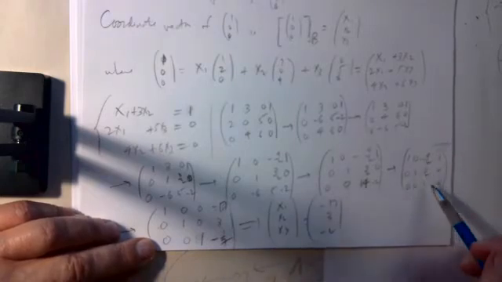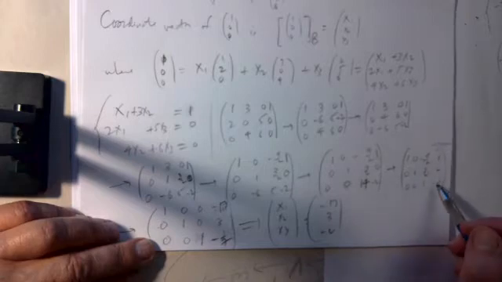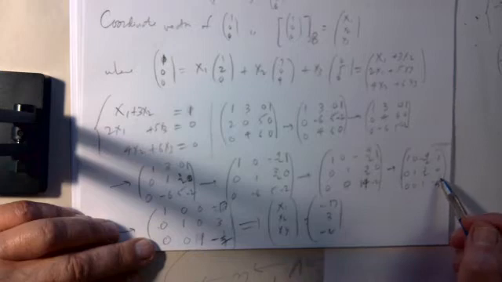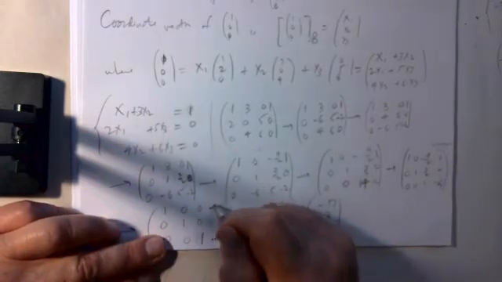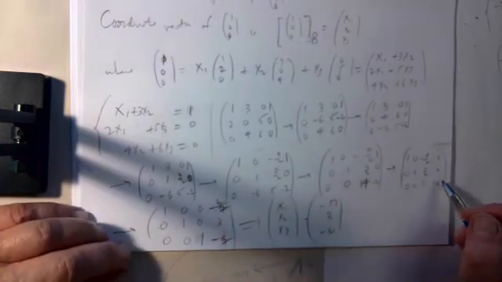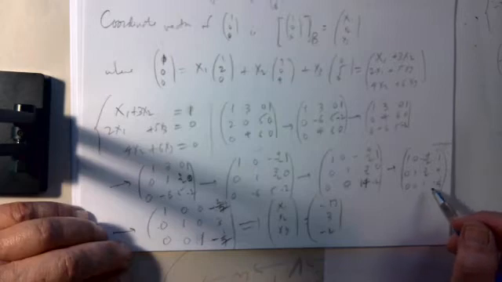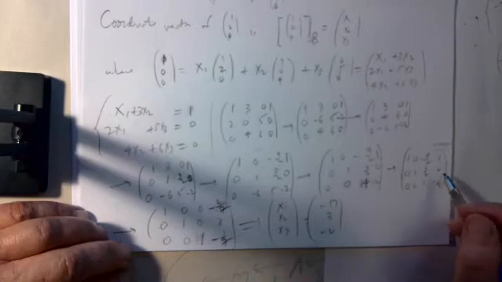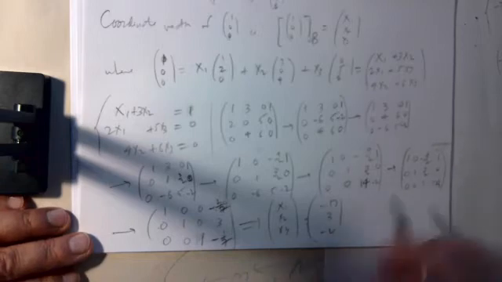So if I add 9 halves times the third row to this row, I get 1, 0, 0. 9 halves times this is minus 9 over 7 plus 1 is minus 2 over 7. And minus 3 halves plus this, minus 3/2 is 3/14.